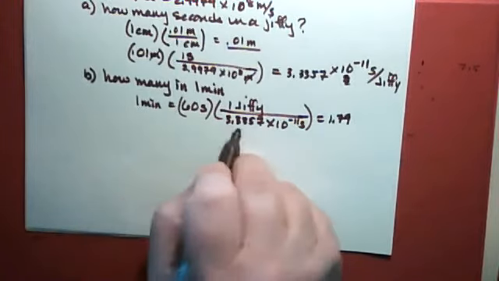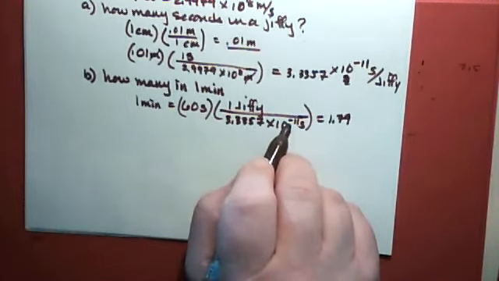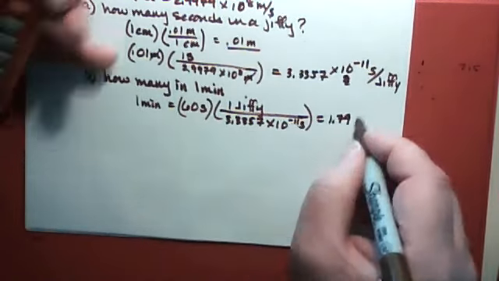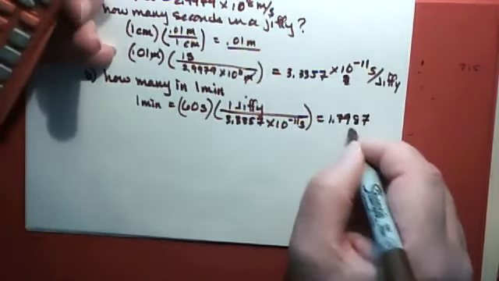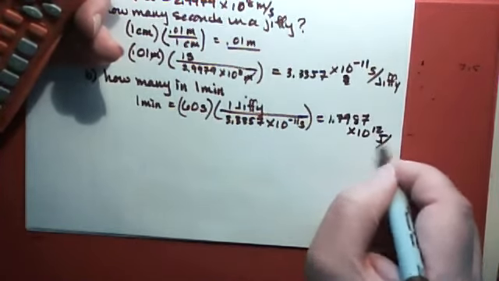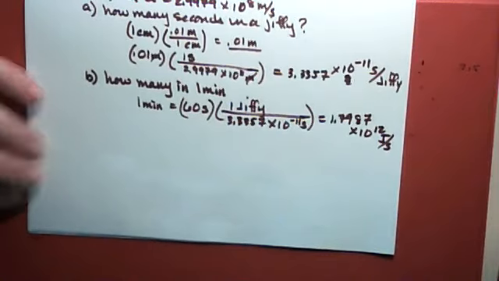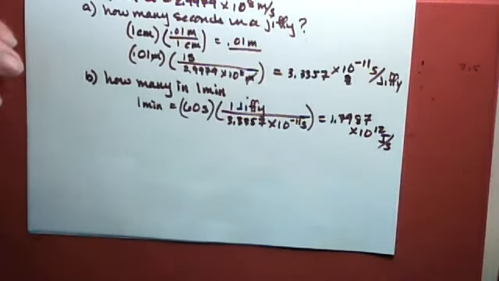So I guess we get to use 5 significant figures again. 1.7987. And that would be 1.7987 times 10 to the 12th jiffies per minute.